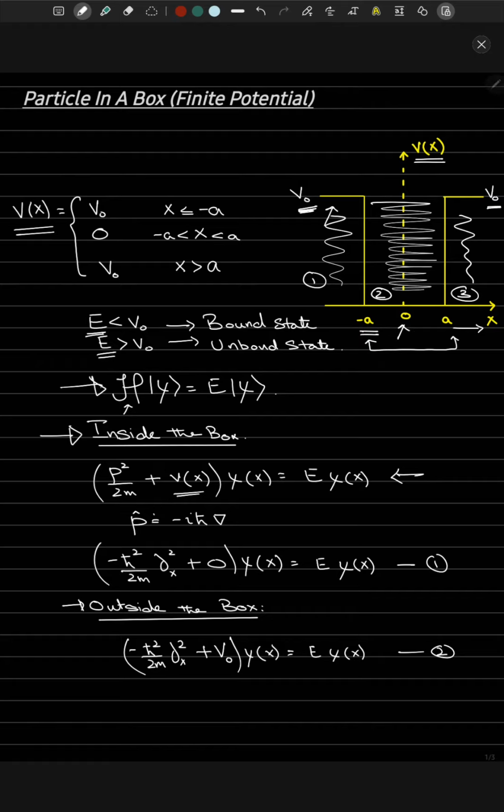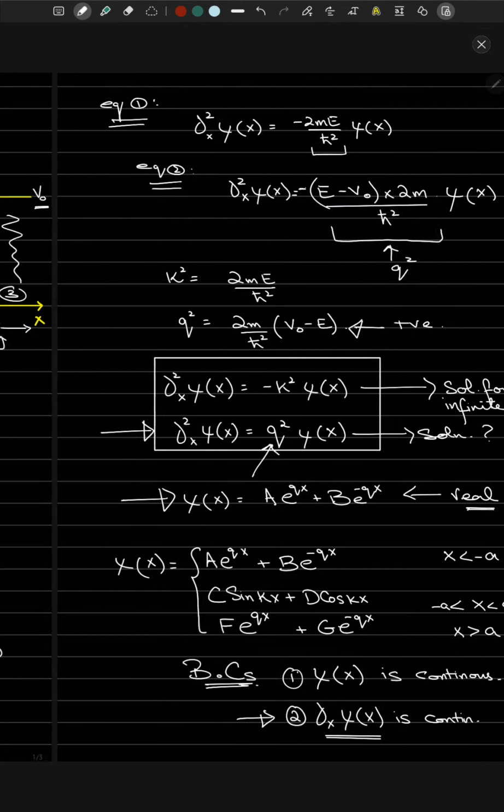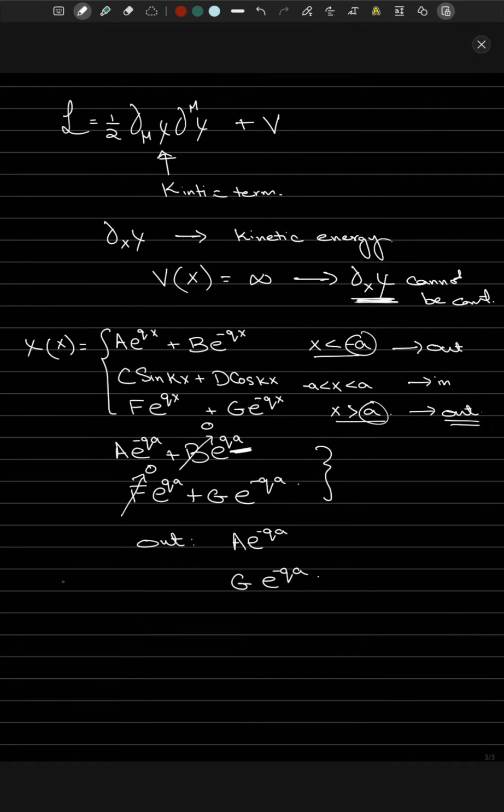So what I can write from this is the symmetric potential condition, which is that V of x is the same as V of minus x.